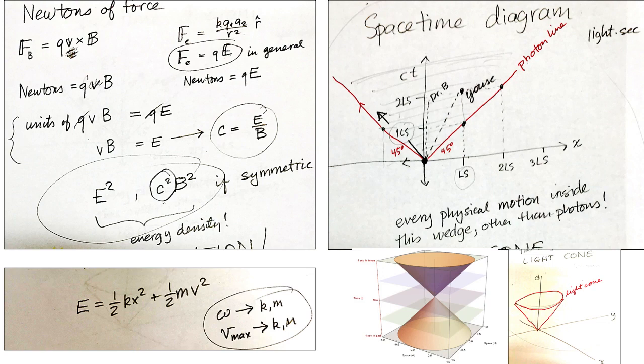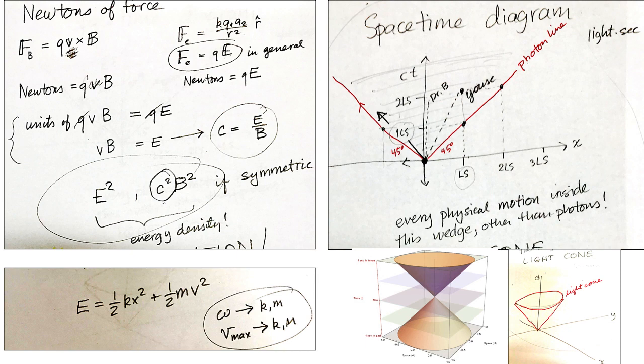So this is q times speed times B. And then newtons are equal to q times an E. All right, so that means qvB, the same units, are equal to qE.